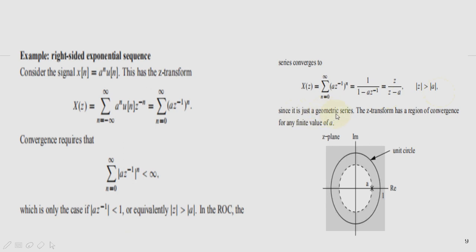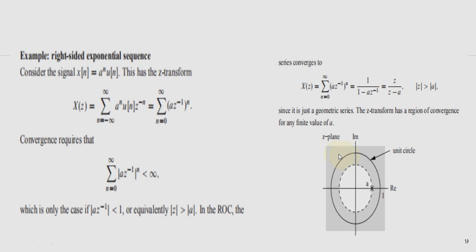Since it is just a geometric series, the z transform has a region of convergence for any finite value of a, so that a is a pole plotted on the real axis, and outside of a is the region of convergence. So that is a unit circle. And here the z transform has the region of convergence for any finite value of a, and the unit circle is included in the region of convergence.